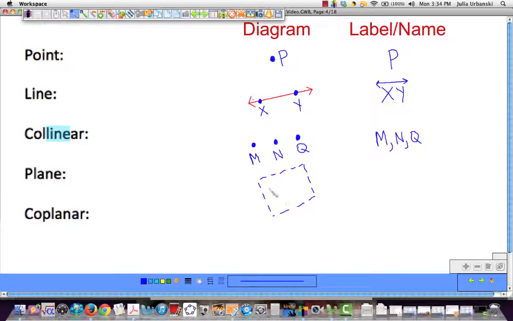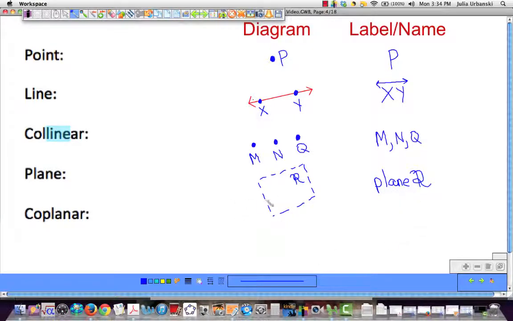Okay? Planes can be labeled with capital script letters like this. It's not a regular M or R or P. It's a fancy one. Okay, so we can call this plane R. Make sure it's a fancy R there. That'll go up like that.